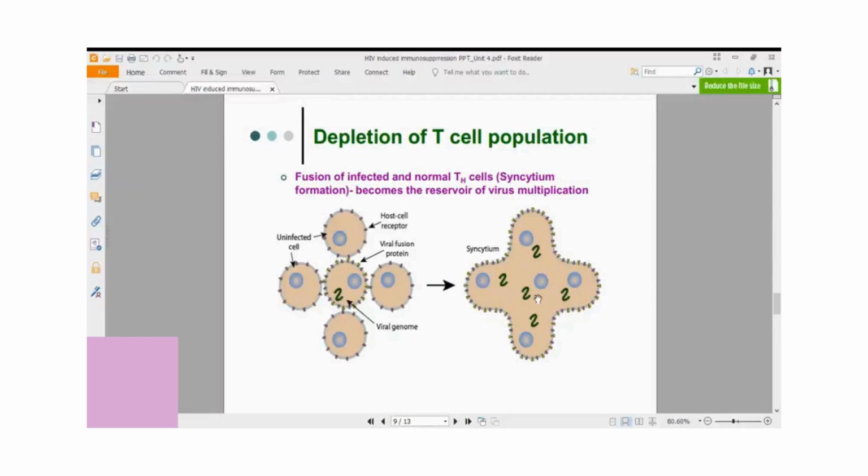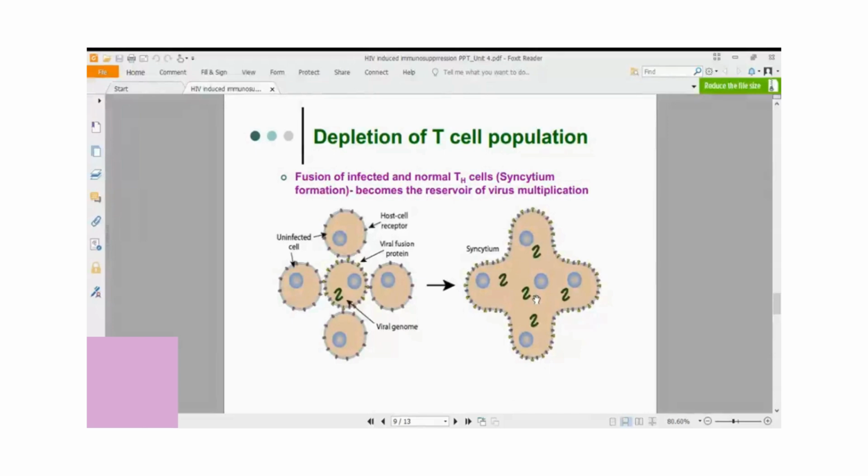Now let us imagine four normal TH cells, not yet infected by virus, fuse with one infected TH cell. Then that syncytium will have five nuclei. In the same way, it could have six nuclei, hexanucleated, pentanucleated, tetranucleated or trinucleated, depending on how many cells are fused with the infected cell. So that will produce a giant TH cell.